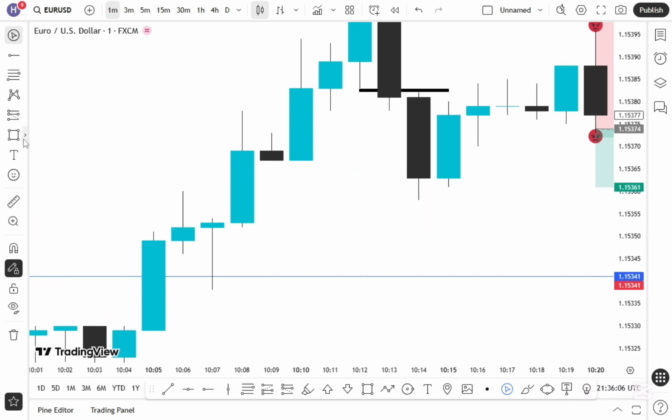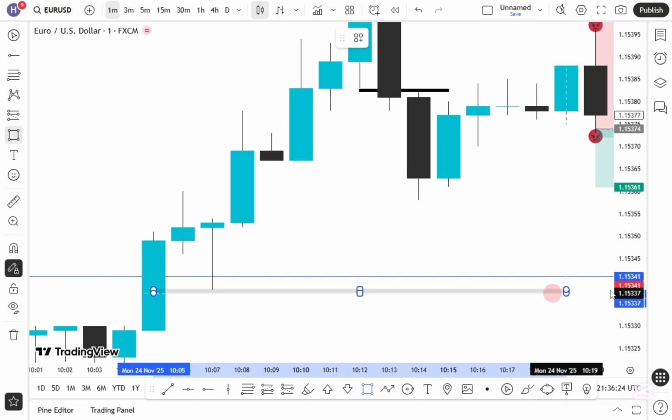So we have a fair value gap here. Okay, this is a fair value gap, but I will go for this fair value gap because this is a good fair value gap for us too.